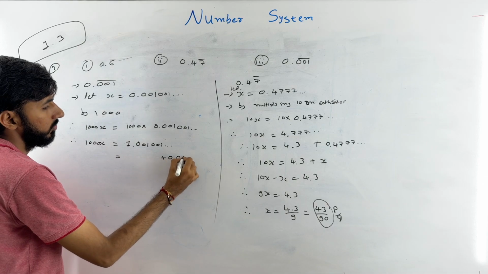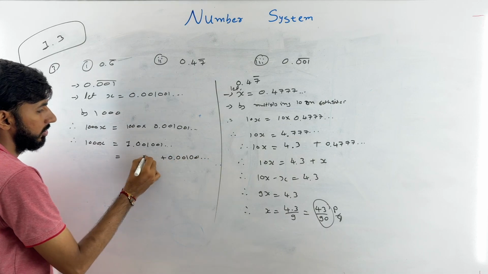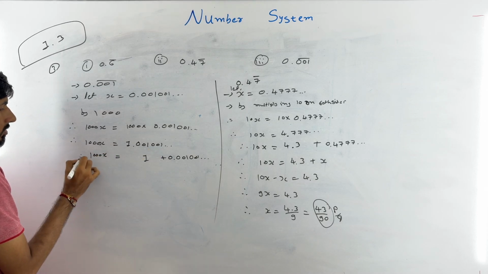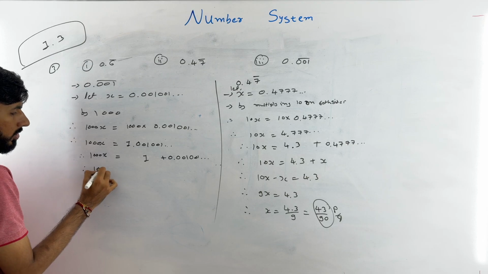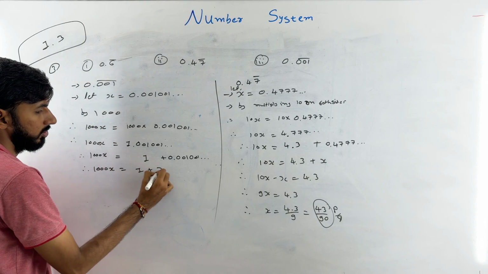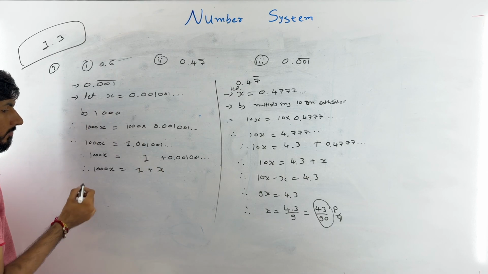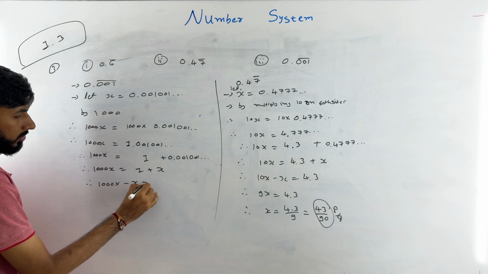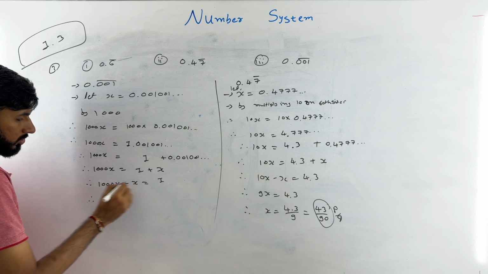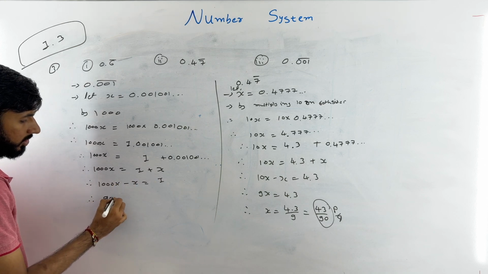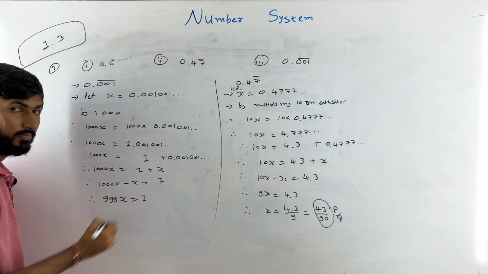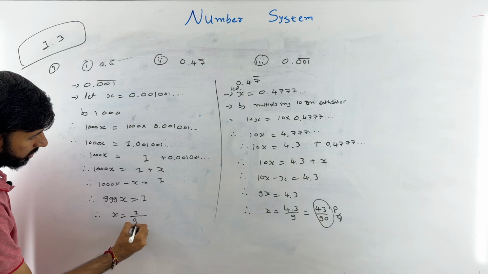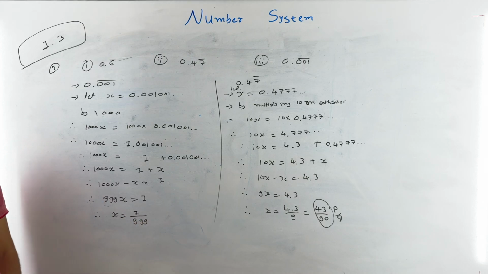So just simply write 0.001001, and here 1 plus this equal to this, right? Here we have 1000x. Now you can write x instead of this, because we have assumed it already. Now if you take x on this side, it will become minus x. If you subtract it, answer will be 999x equal to 1. Now x equal to 1 upon 999. This will be your answer.